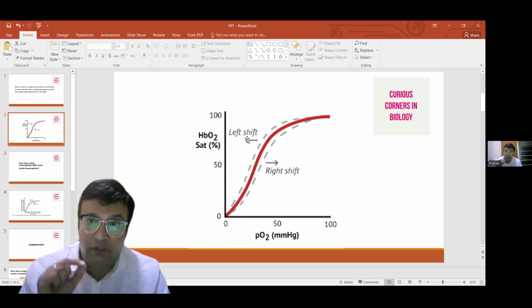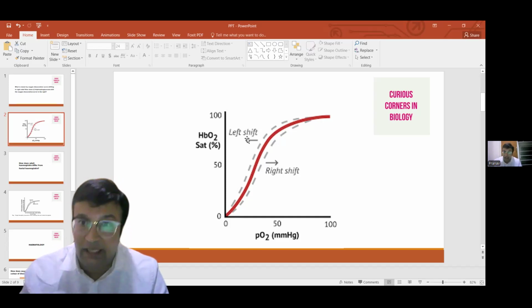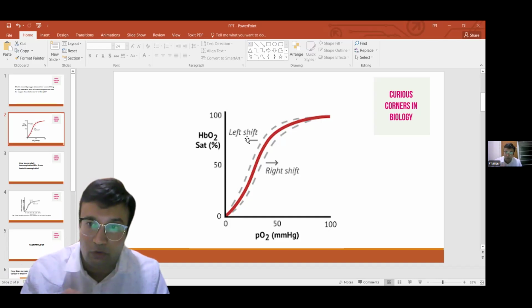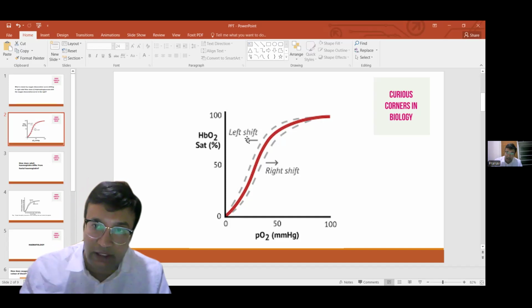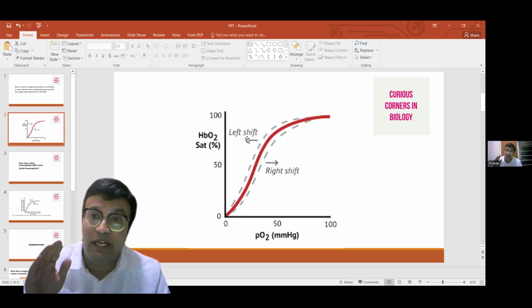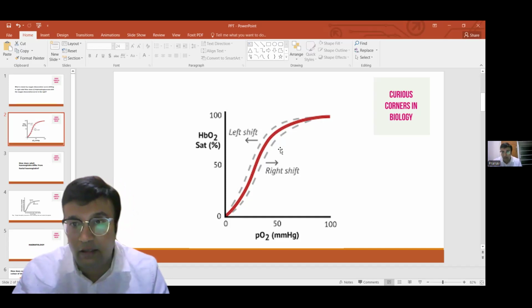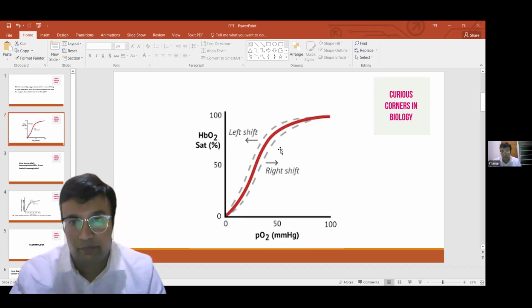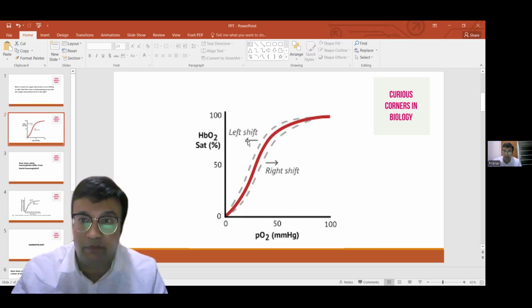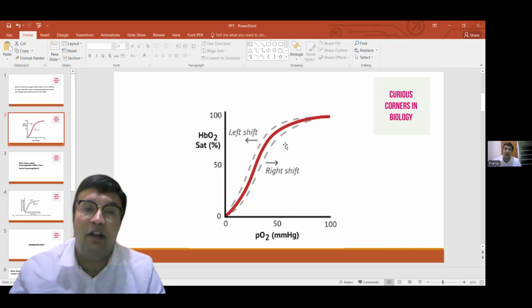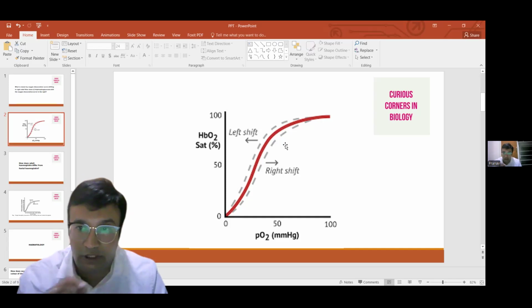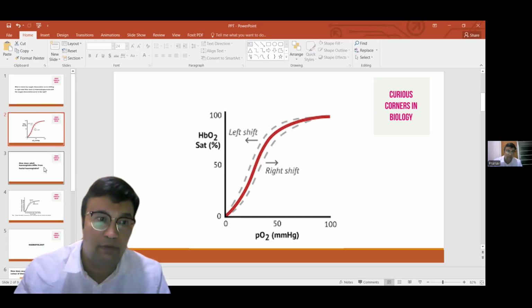And it shifts towards right when 2,3-bisphosphoglycerate binds with hemoglobin and dissociates oxygen from hemoglobin. So it reduces the affinity of hemoglobin to oxygen, thereby shifting the curve towards right. So this is left shift and right shift of the oxygen dissociation curve. So hope you get this concept.